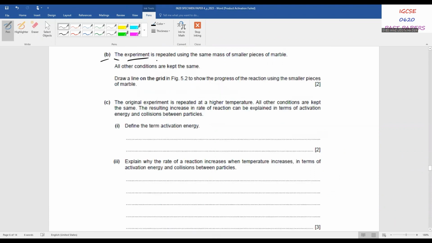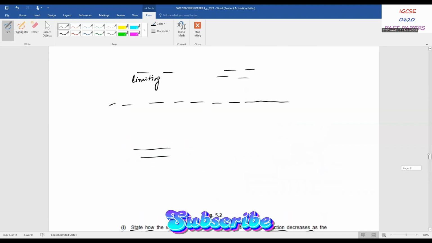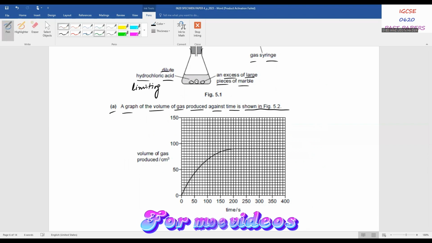The experiment is repeated using the same mass of smaller pieces of marble. All other conditions are kept the same. Draw a line on the grid in figure 5.2 to show the progress of the reaction using the smaller pieces of marble. Now they are just saying they have used smaller pieces of marble instead of large piece. So what will happen to the graph? The reaction will be acting fast here.